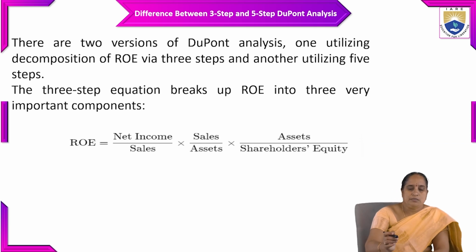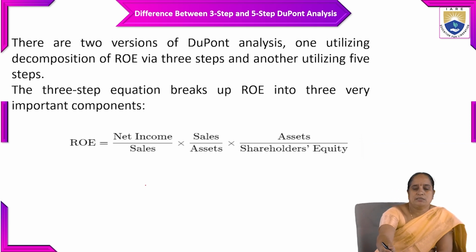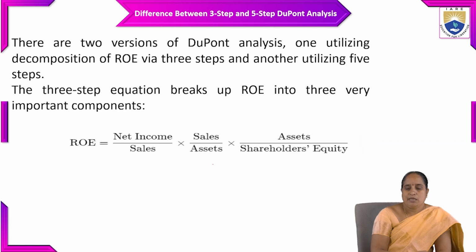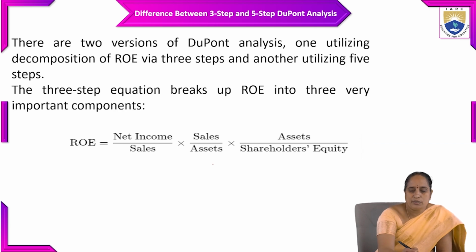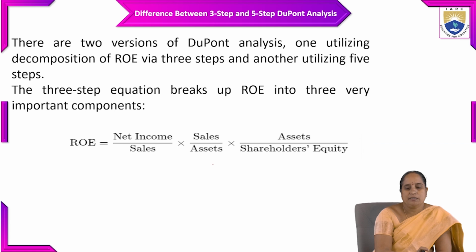So ROE is equal to net income divided by sales, multiplied by sales divided by assets, multiplied by assets divided by shareholders' equity. So we have three components, basically net income, assets and shareholders' equity.